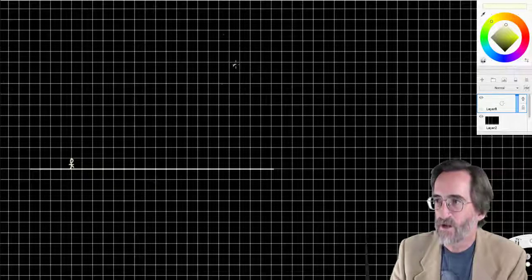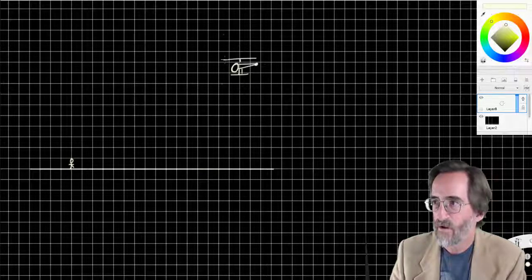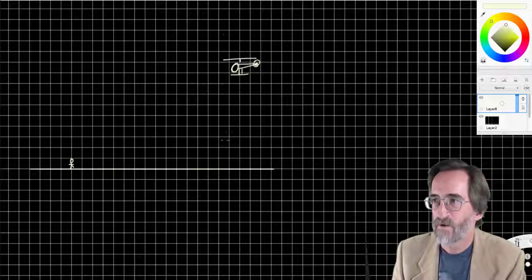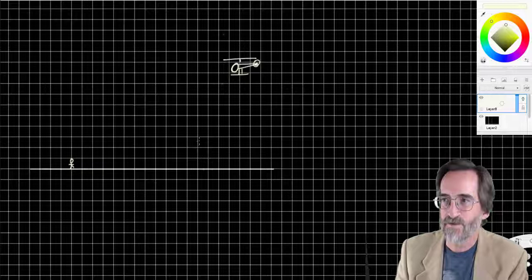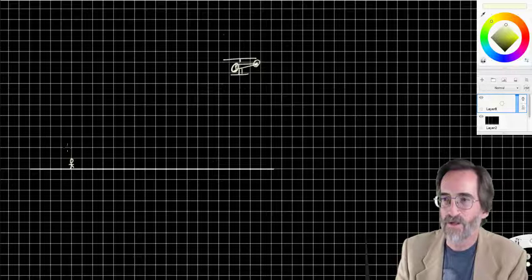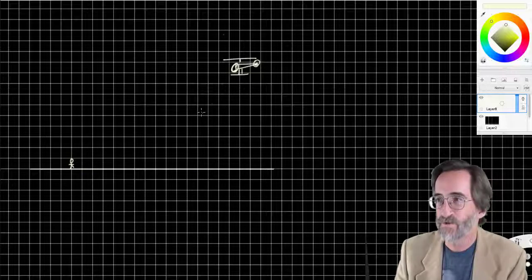Now there's a helicopter up over here. Okay, so a little helicopter, we got the rotor blades and so forth. And so we have a pilot up here in the helicopter, and he's looking down at the person on the ground.